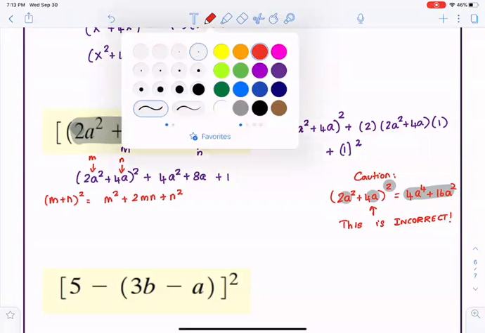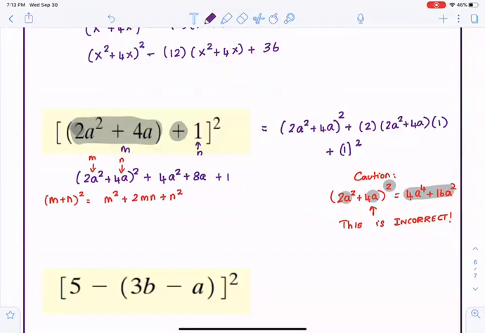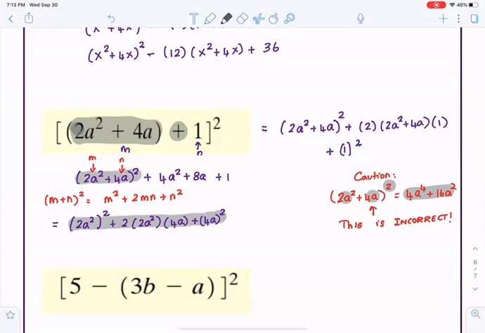So what is M? M is 2A squared. So 2A squared, I'm going to square that, plus 2 times M, which is 2A squared, N is 4A, plus 4A squared. And that is the expanded version of that term.